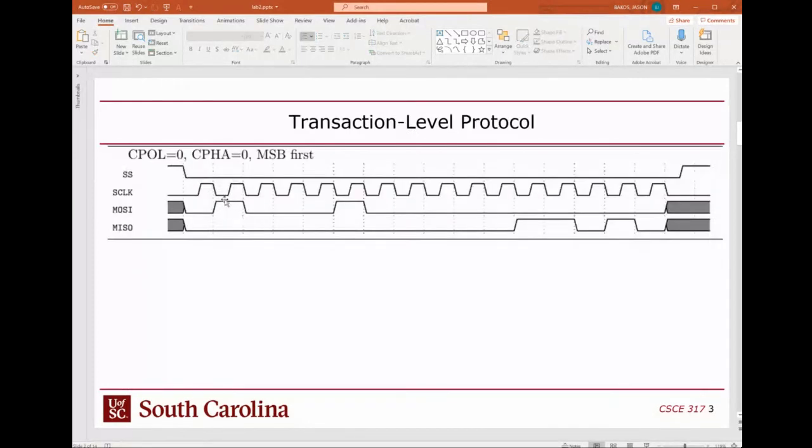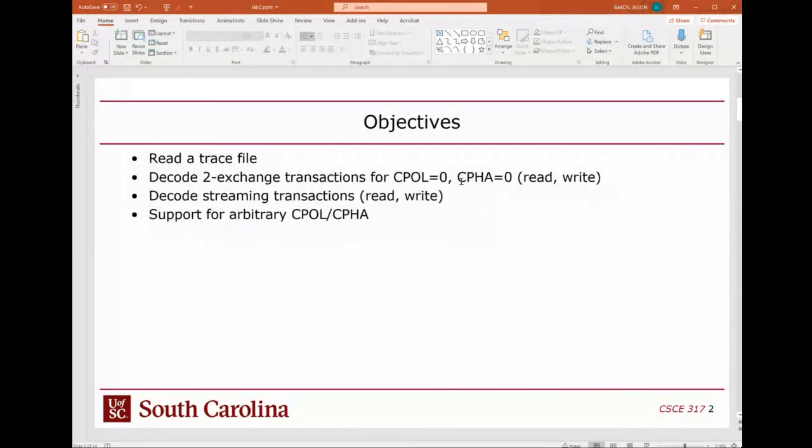I was able to tell just by advancing one slide, and you can tell here that the MOSI changes before the clock in this waveform. So the CPHA is 0. It also says that there at the top. But anyway, CPOL and CPHA are 0, 0 for parts 1 and 2, and in part 3 you have to be able to support other CPOL and CPHA settings.